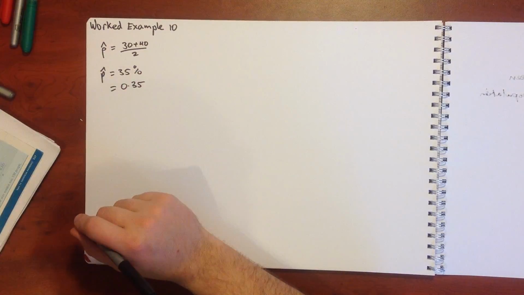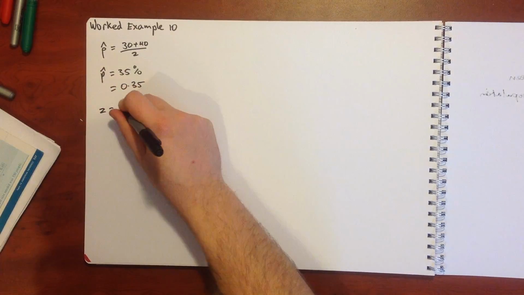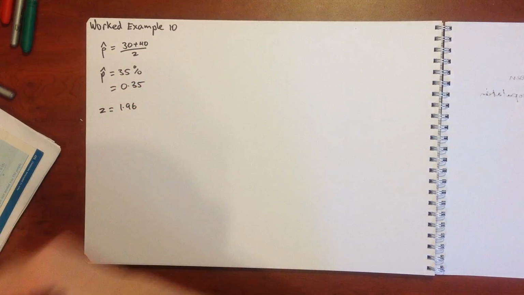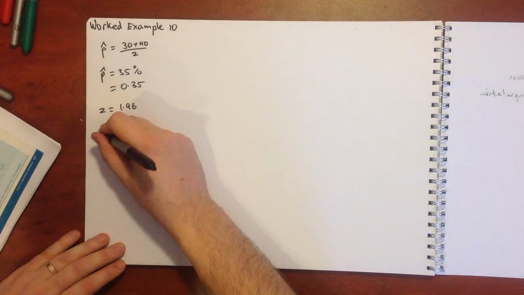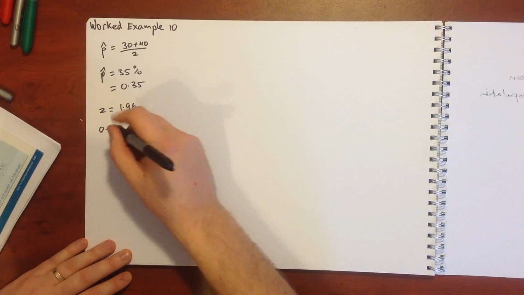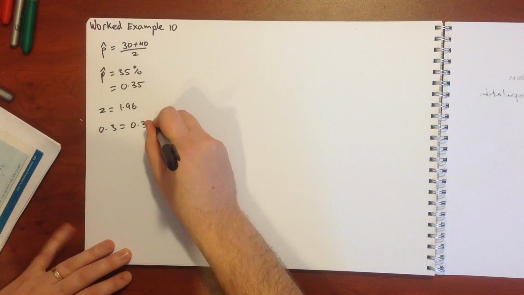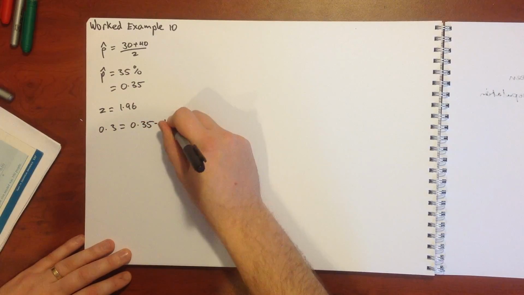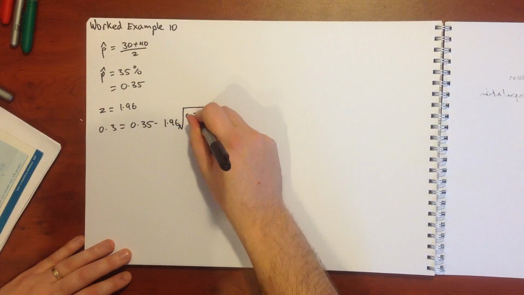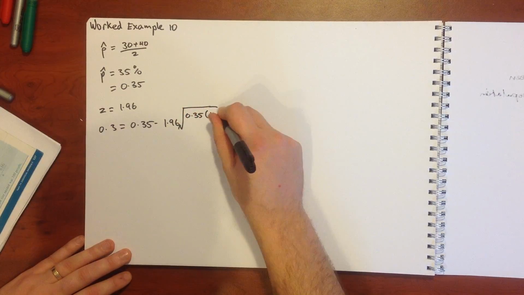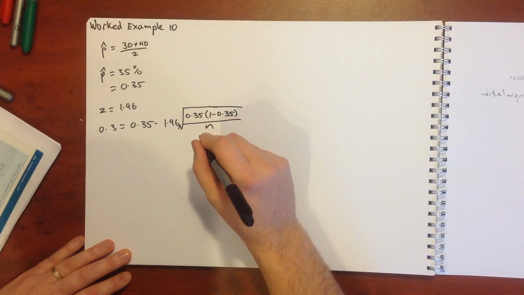For our 95% confidence interval, our z equals 1.96. So our lower score was our 0.3, and that's got to equal 0.35 minus our z, which is 1.96, times the square root of our p hat, 0.35, times 1 minus 0.35, over n.